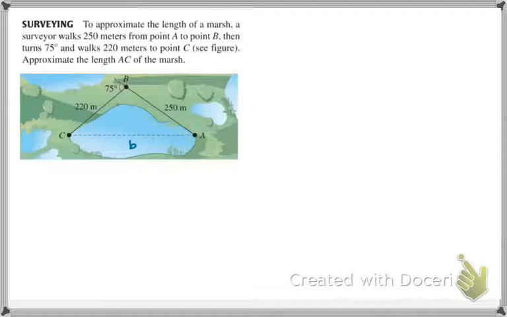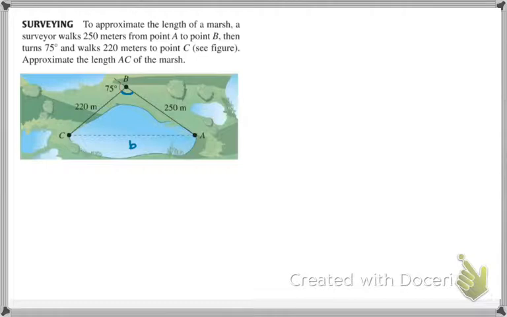And angle B we don't have. What I'm given is that exterior angle, which is 75 degrees, but I know that if I add 75 degrees plus whatever this angle B is, it should give me 180 degrees because they are supplementary. It makes a straight angle, right?